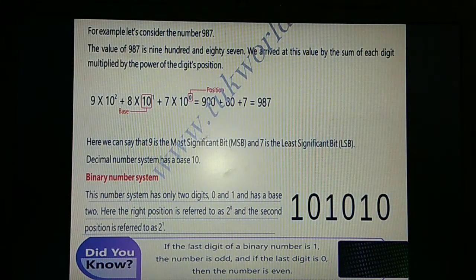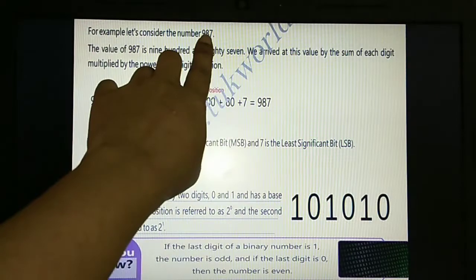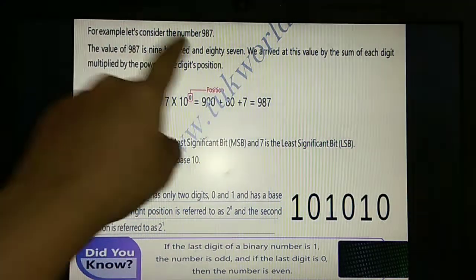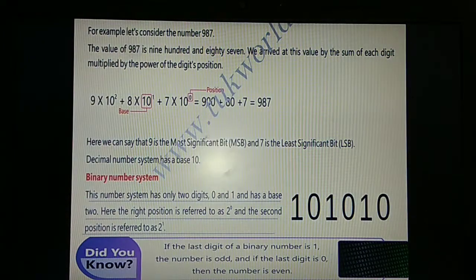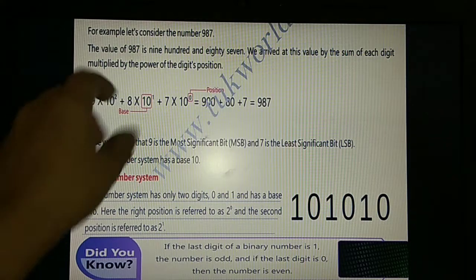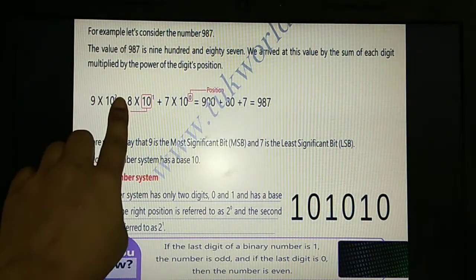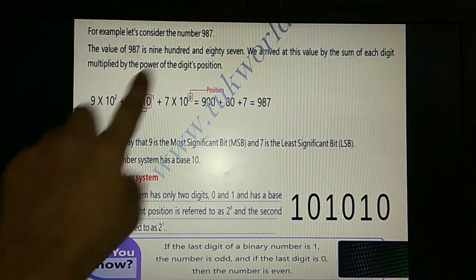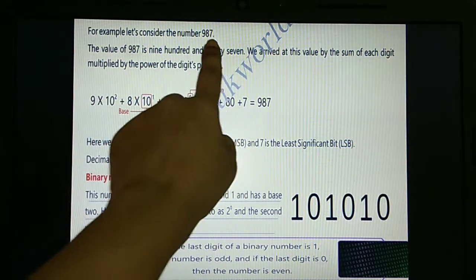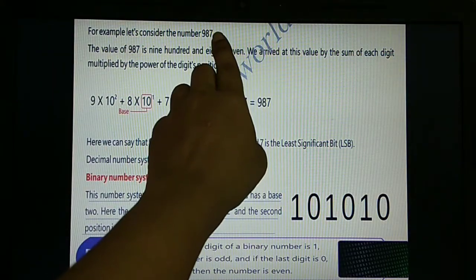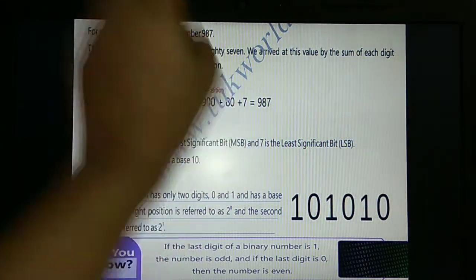So 9 is standing in which position? Second position. 8 is standing in the first position. And 7 is standing in the 0th position. So 9 into 10 raised to 2, because you are counting the position from the right hand side, that is 0, 1, 2.